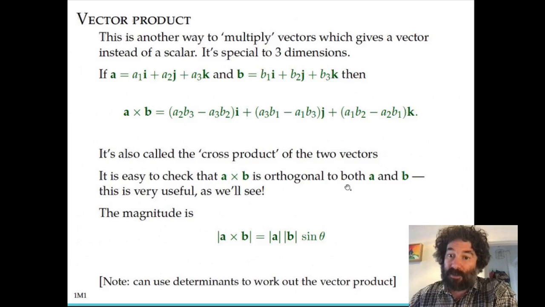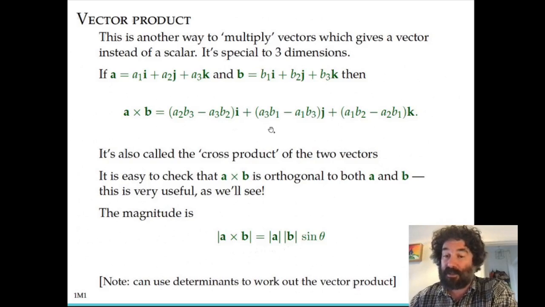Another property of the cross product is that the magnitude of A cross B is equal to the magnitude of A times the magnitude of B times the sine of the angle between them. So theta, as when we discussed the dot product, is the angle between these two vectors A and B. And as I said, there are some mnemonics to remember this complicated formula for calculating the cross product, and one of them uses determinants.